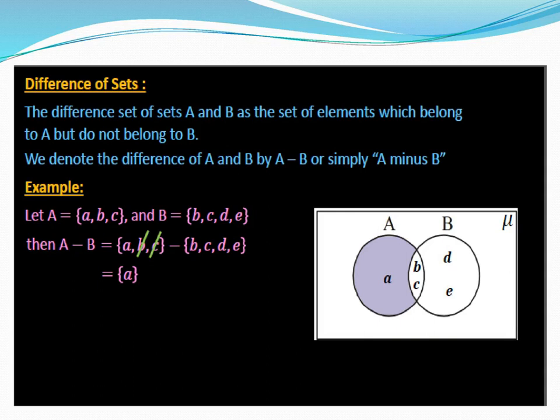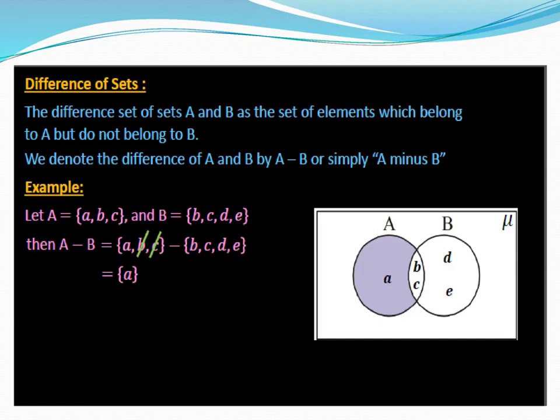For example, we take A equals {a, b, c} and B equals {b, c, d, e}. Here we find A minus B, the set of only the elements contained in A but not contained in B. So A minus B equals {a, b, c} minus {b, c, d, e}.